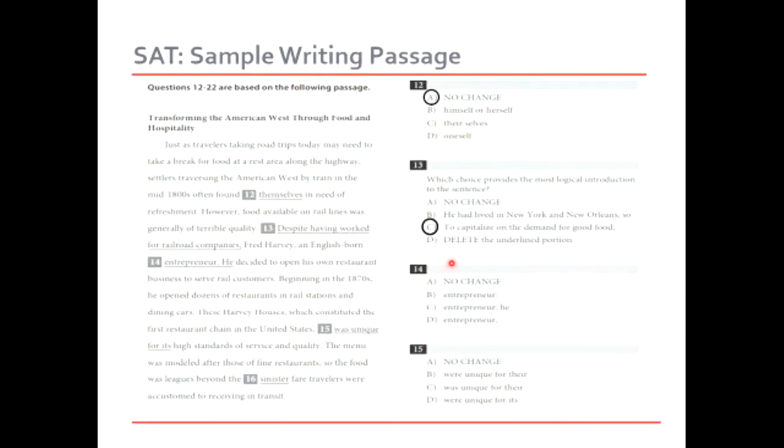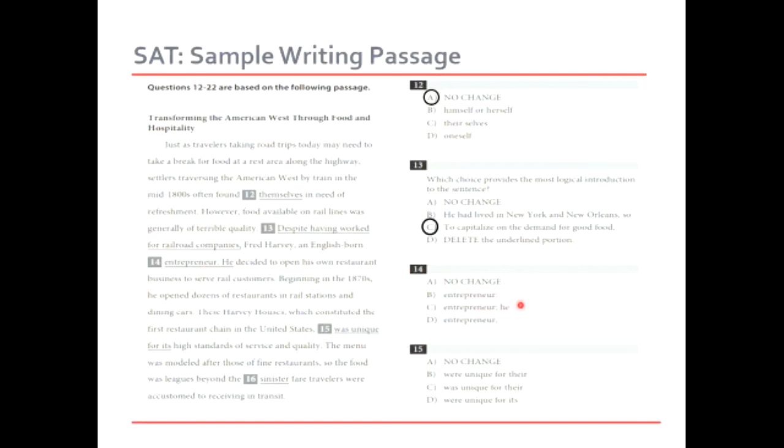Question number 14. We have sentence number 14. Despite having worked for railroad companies, Fred Harvey, an English-born entrepreneur, now entrepreneur and he are underlined, if you notice that. So there is something that we need to do about it, or maybe we should keep it the same. So let's look at the options.